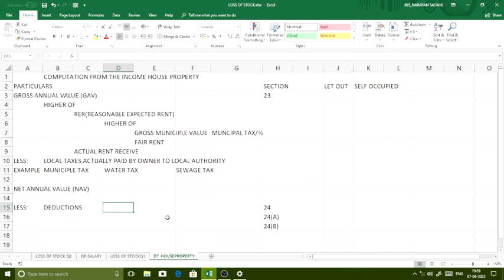Then after deduction, we are calculating two types of deduction. First of all is the standard deduction.